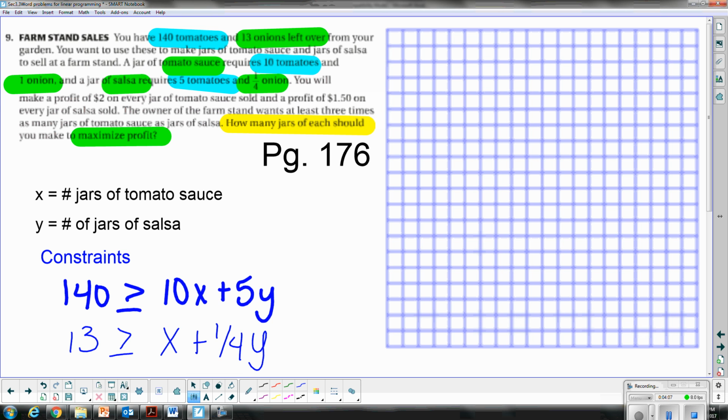And then our last constraint says that we need to sell at least 3 times as many jars of tomato sauce as we do salsa.